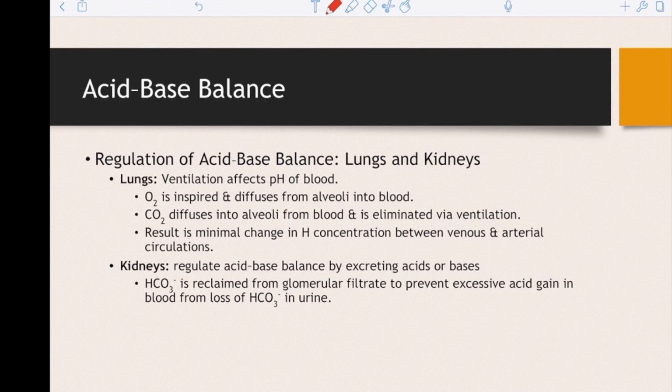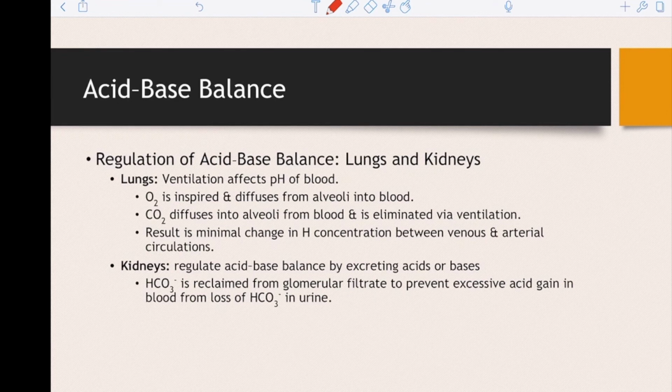So O2, as we breathe it in, diffuses from the alveoli into the blood, and then the CO2 is going to diffuse into the alveoli from the blood and be eliminated via ventilation. And we'll look at that more closely through a figure here in just a minute. The result of that is a minimal change in the proton concentration between venous and arterial circulations.